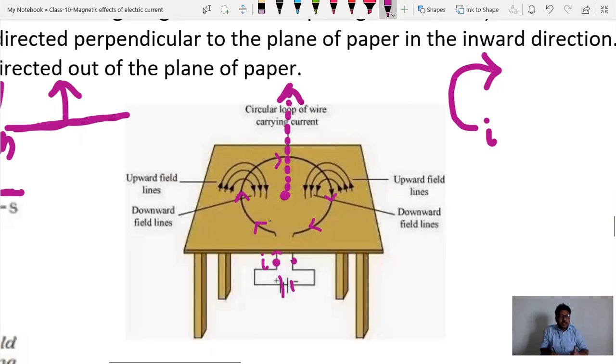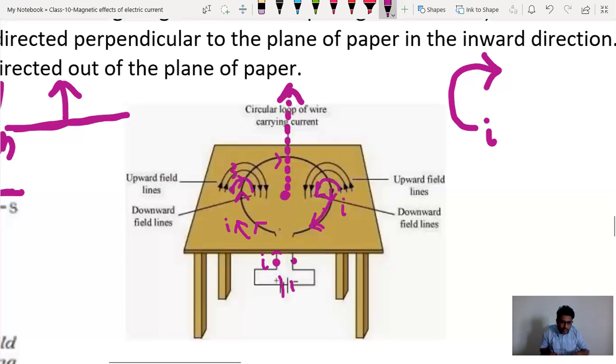Now if you apply the right hand thumb rule, the direction of current is this, and the magnetic field should be like this. And again if you observe, current is flowing out in this direction, and the magnetic field line will be like this inside.